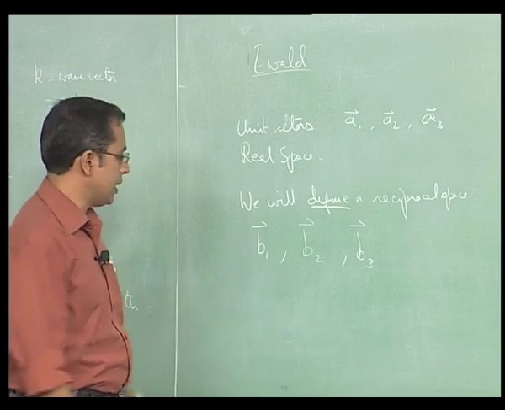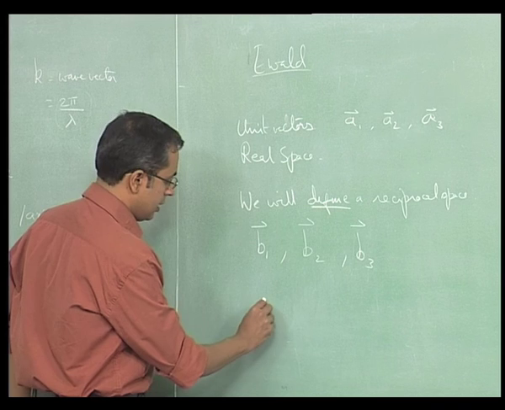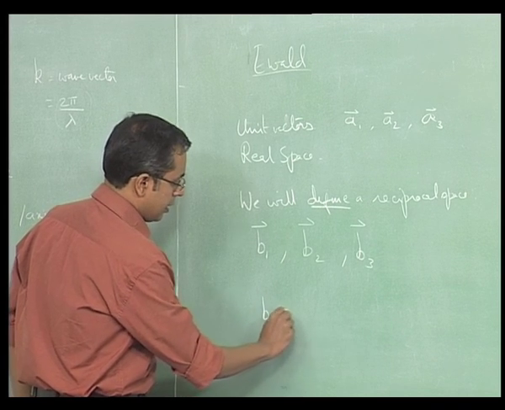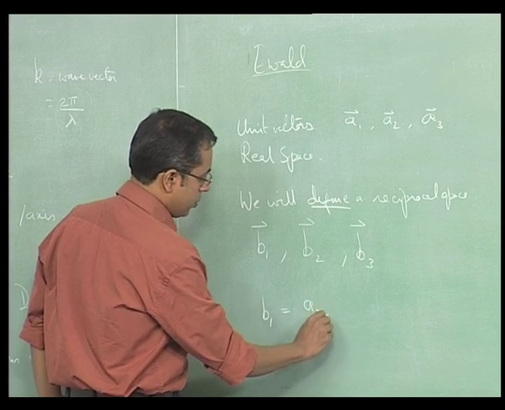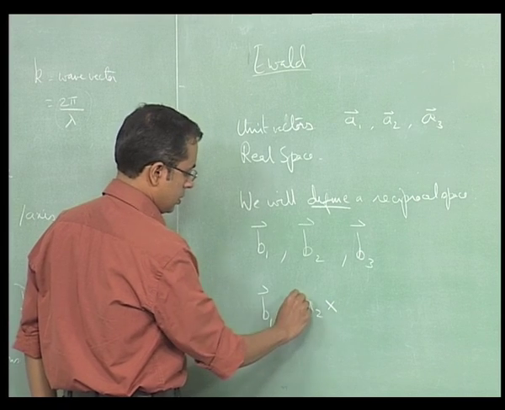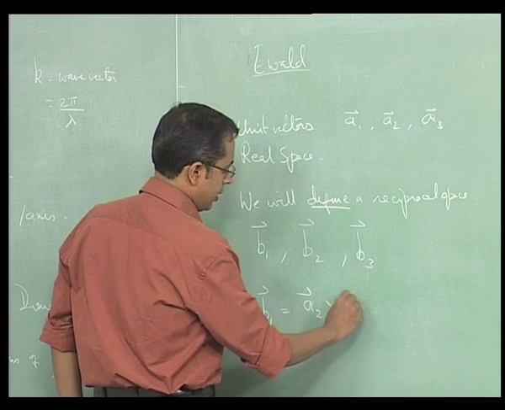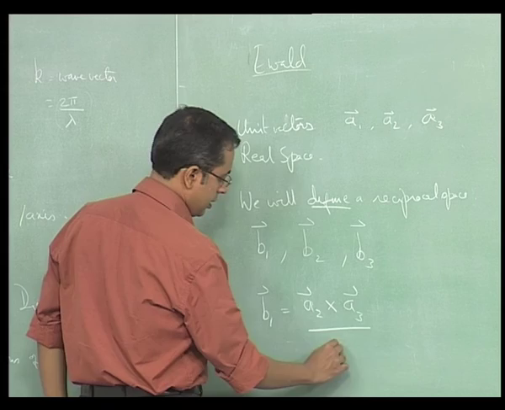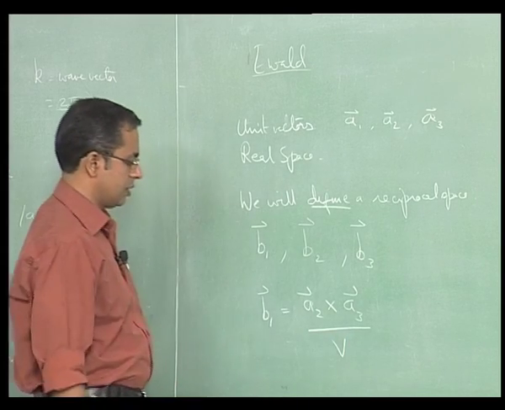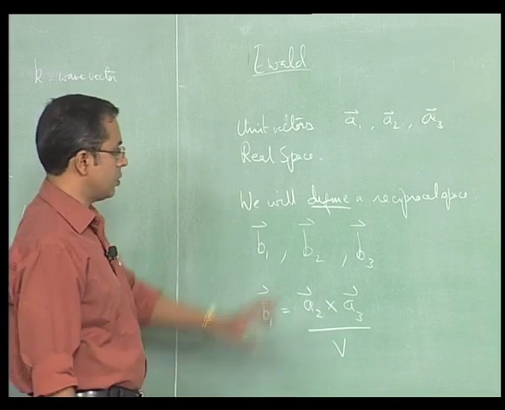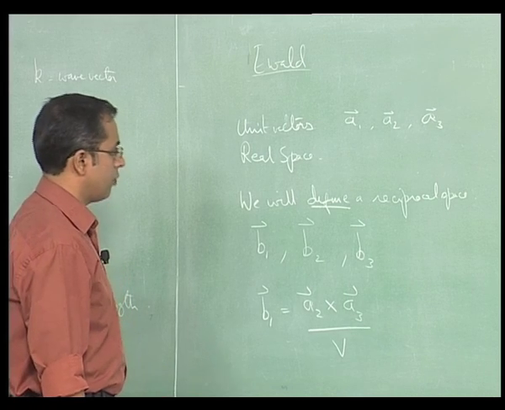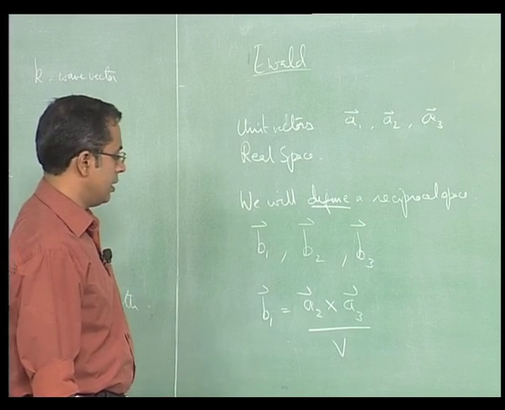Okay. And what is that link? It is written like this. So B1 is A2 cross A3 by V. What this V is we will see in just a moment. It is a volume, actually the volume of this unit cell consisting of A1, A2 and A3.